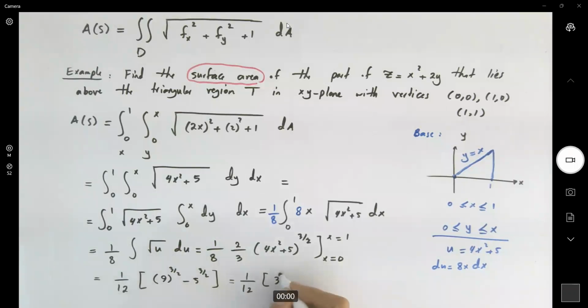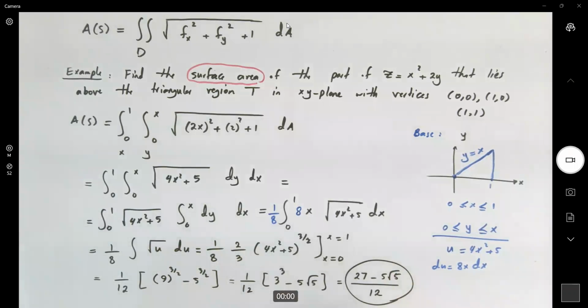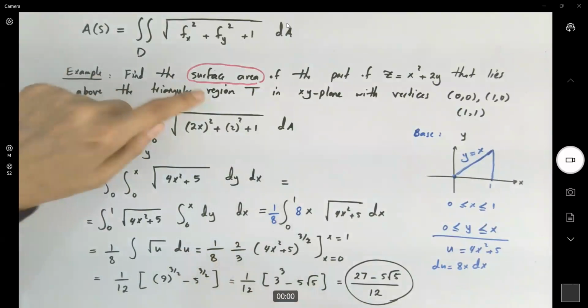You get 3 to the third minus, here you have 5 square root of 5, or just 27 minus 5 square root of 5, divided by 12. So this is the area of the surface. If you use a calculator, you can find an approximation for the area of the surface as well.